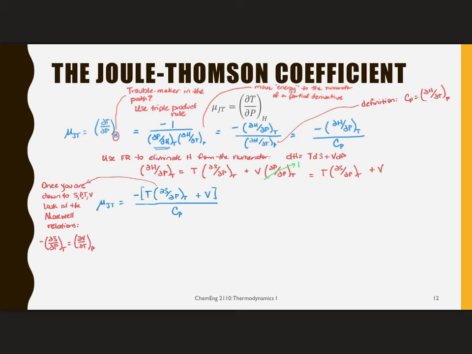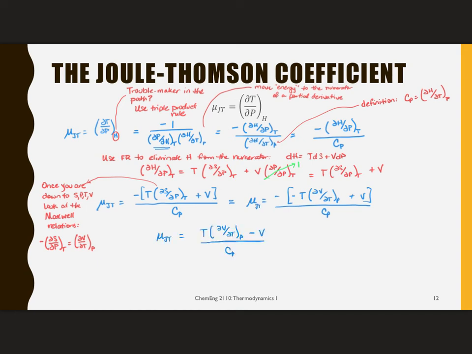In this case, the one that matches is that negative dS dP at constant temperature is dV dT at constant pressure. Therefore, I can rewrite my expression as negative T times dV dT at constant pressure plus the volume all over C sub P. Or we can eliminate some of these redundant negative signs by multiplying this negative through.